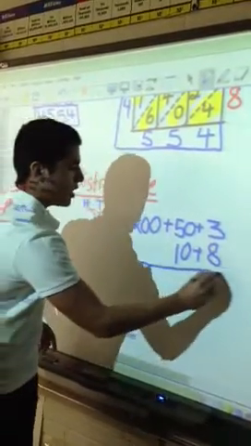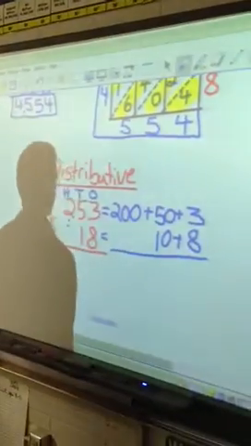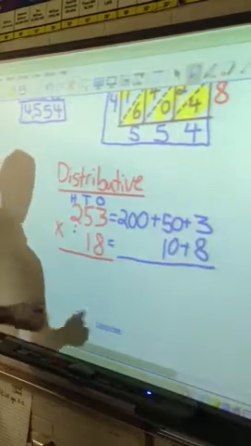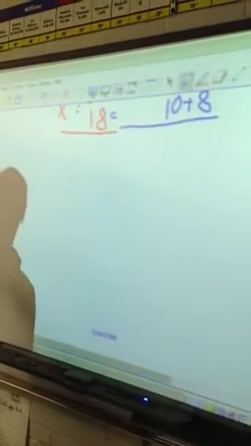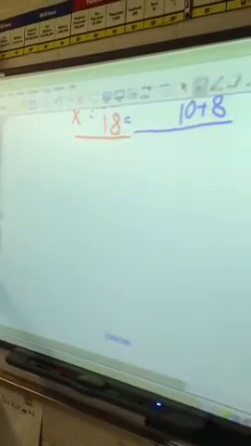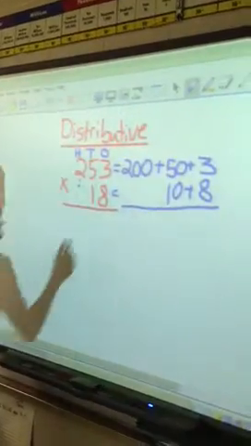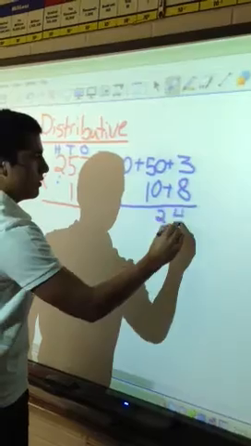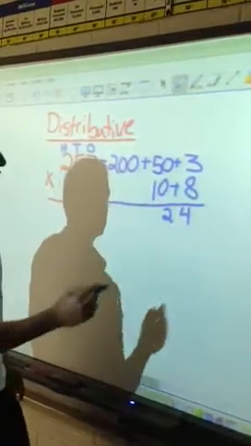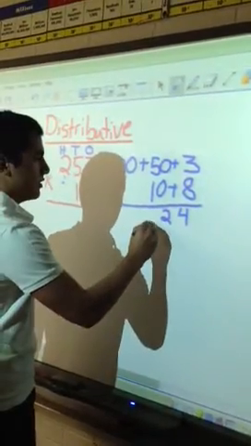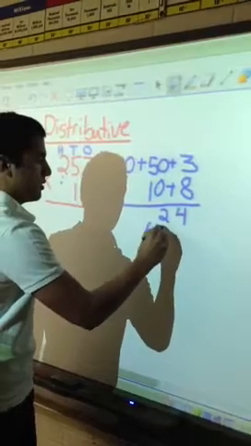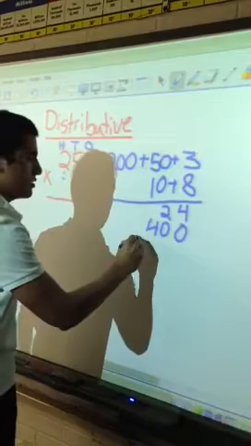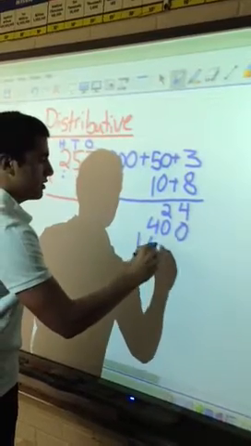So now we multiply all top numbers by 8. So 3 times 8 is 24. So we put 24. 50 times 8 is 400. 200 times 8 is 1,600.